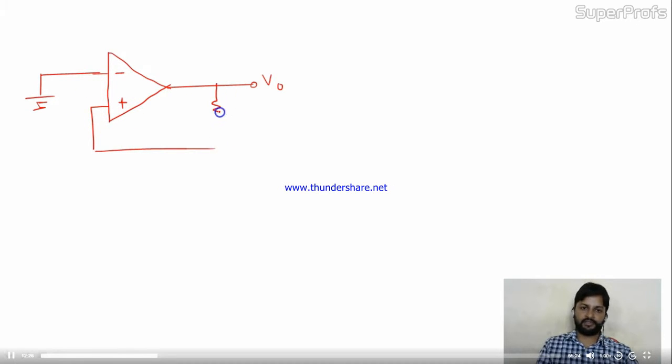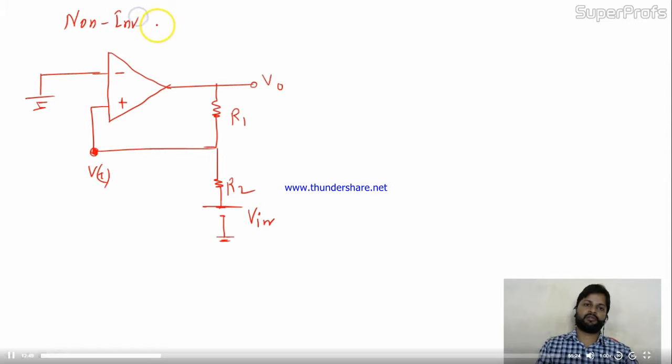Over here the feedback resistor, let's take it R1. Over here let's take R2, and to this R2 I connected V in. Now everything is related to this point. Let's take it VT. Is it okay? This is the circuit given for the non-inverting SCHMITT trigger. Now we'll see how it's going to work.